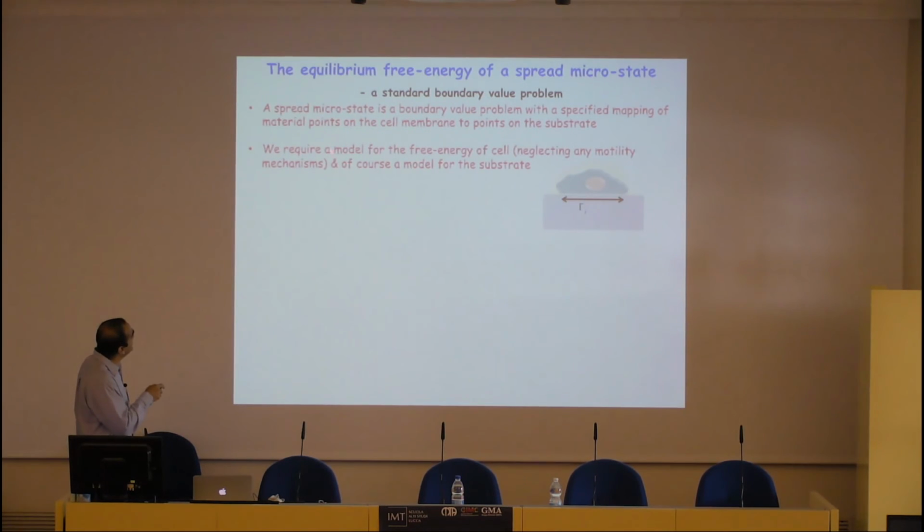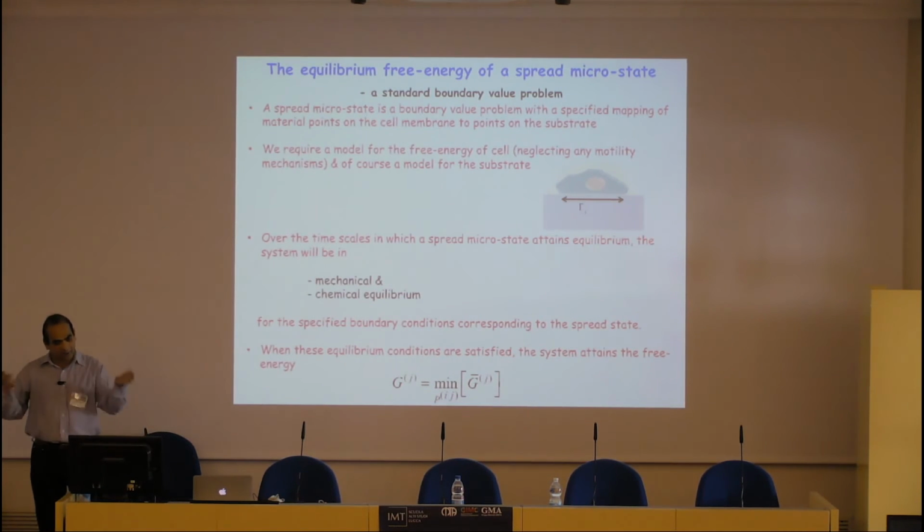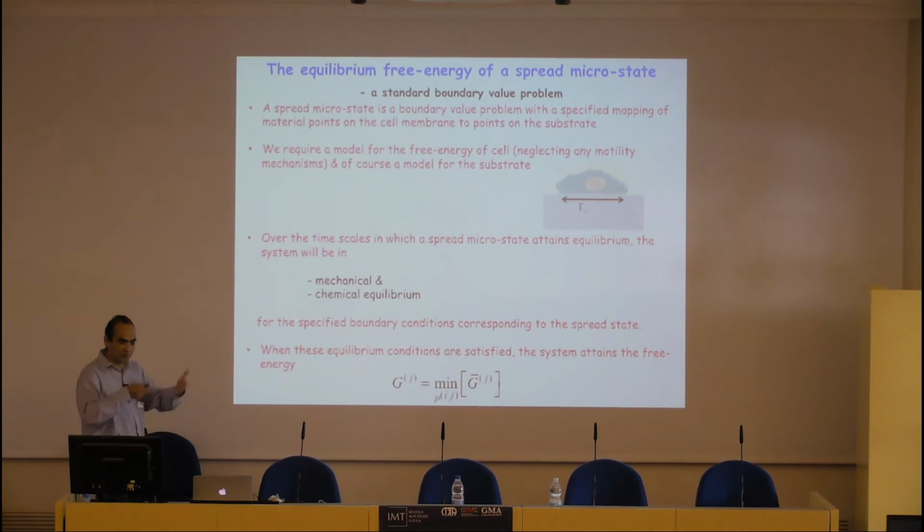So you've defined the spread microstate, and then you now need some kind of an energy model. The energy model is what I had been describing all this time earlier, basically. You do that, and then over that time scale, you find mechanical equilibrium and chemical equilibrium. Those chemical equilibrium equations that I spoke about, diffusion, kinetics, etc., and the mechanical equilibrium equation.